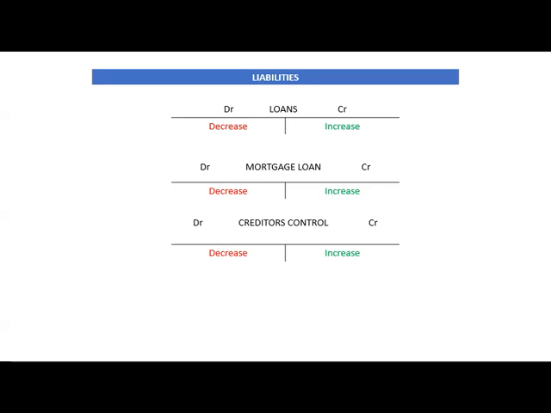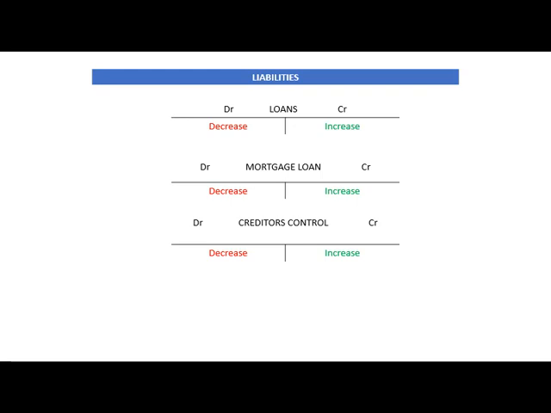I explained income is increases in assets and decreases of liabilities, and it increases owner's equity. And expenses increase liabilities, reduce your assets, and decrease owner's equity. Okay.